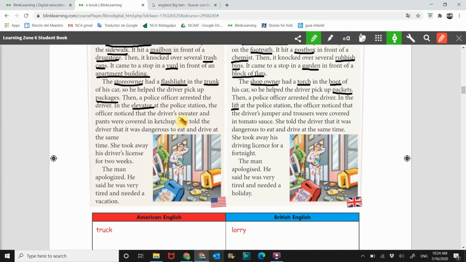All right, so the driver's sweater and pants and ketchup, they say jumper for sweater, trousers for pants, and tomato sauce. That's the same as tomato sauce, but we say ketchup in American English.